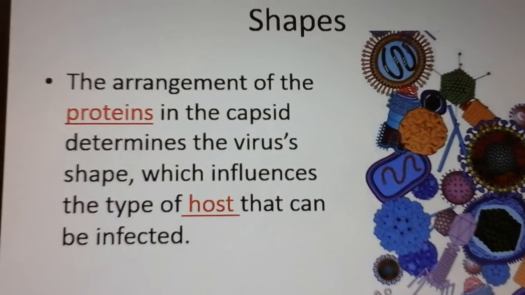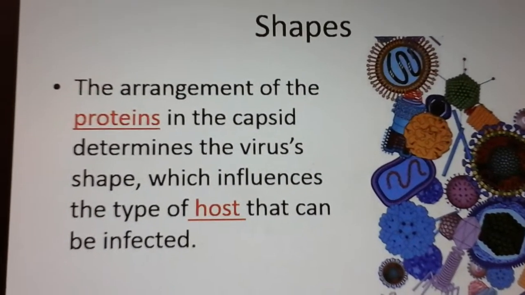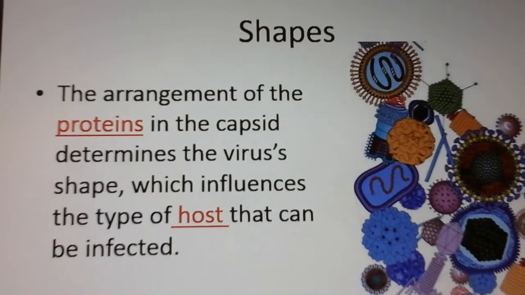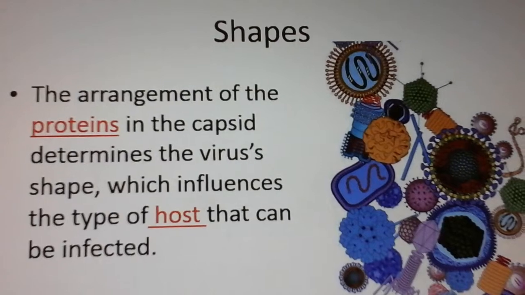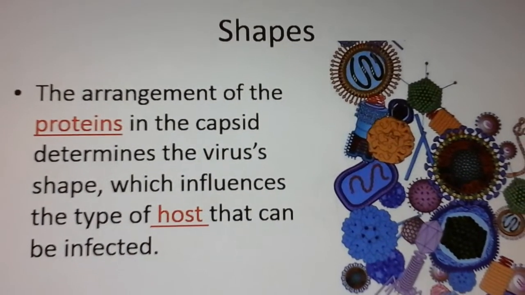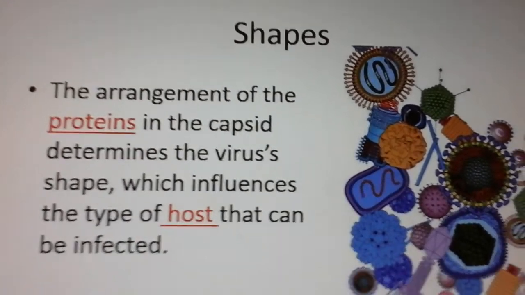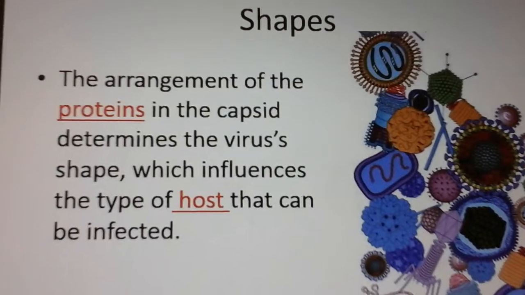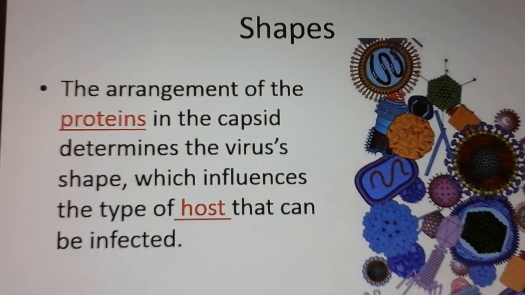And when we talk about an infection, what happens with a virus is the virus wants to make baby viruses, but it can't do it by itself. So it's going to get in, it's going to stick to your cell, and with a needle, it's going to put its DNA or its RNA into your cell. And your cell's going to go, excuse me, hey, what's going on? And the virus says, hey, you know what? I need some help. I need to reproduce, but I'm kind of broken right now.